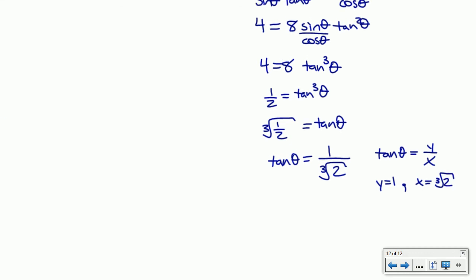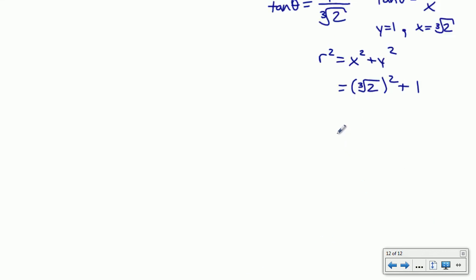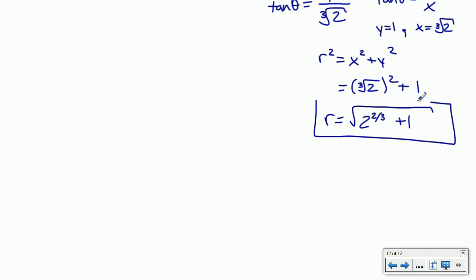Alright, and then we can use Pythagoras theorem, so we can go r squared equals x squared plus y squared. And let's figure out what r is. X squared will be cube root 2 squared, y squared will just be 1, and then that means that r will be square root 2 to the 2/3 plus 1, so that's r.